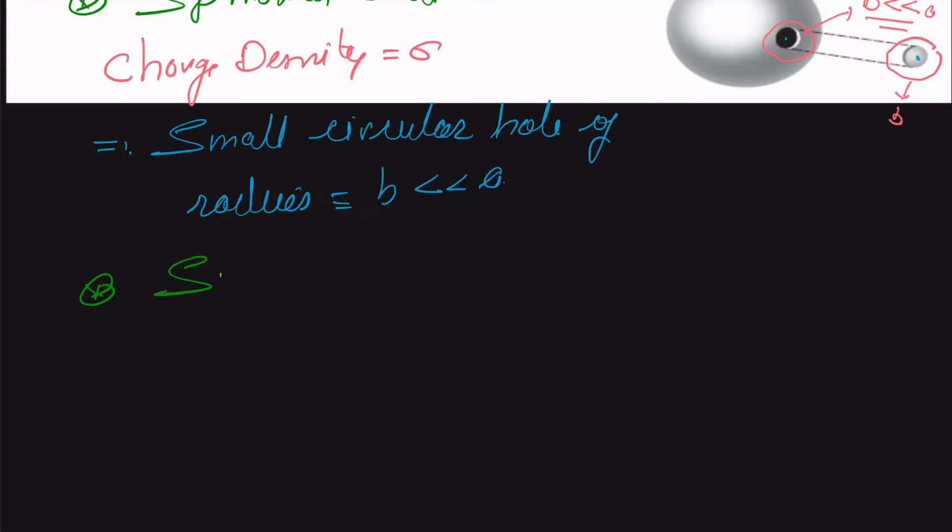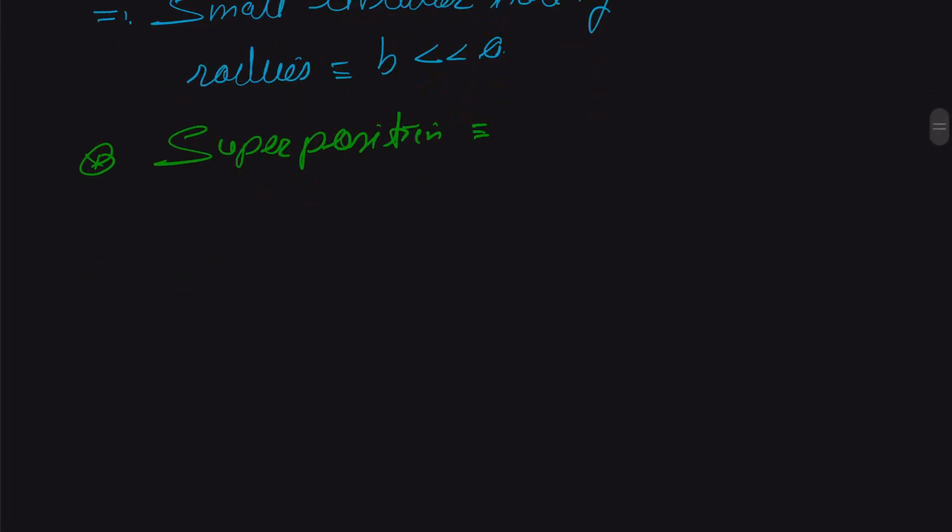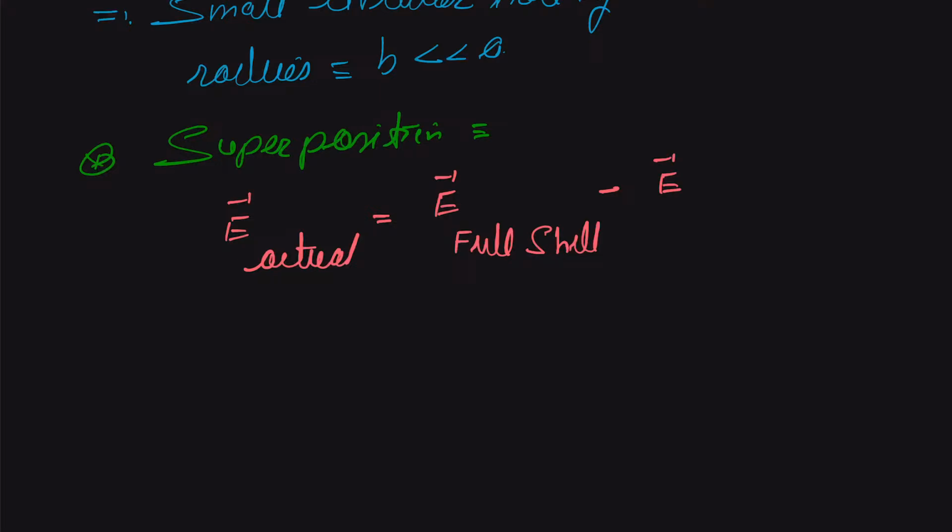So as per our superposition, this superposition is going to give us an equation of the electric field, which states that our actual electric field will be equal to the electric field because of our full shell minus the electric field because of the piece removed. So this is basically our superposition principle.